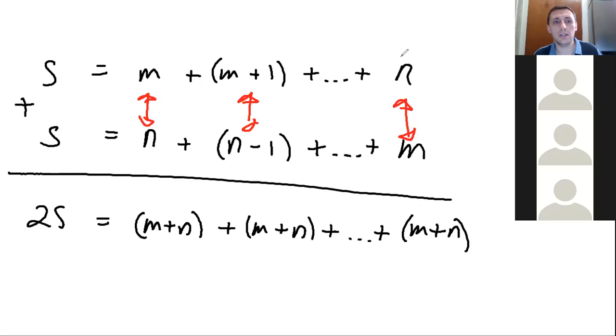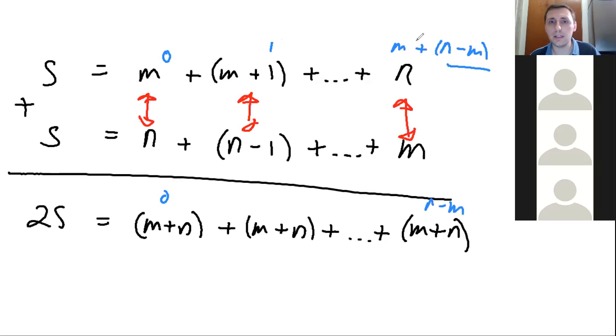So let's look here. It is going from 0, 1, all the way to what? To n minus m. You agree? So I see that it's from 0 to n minus m.